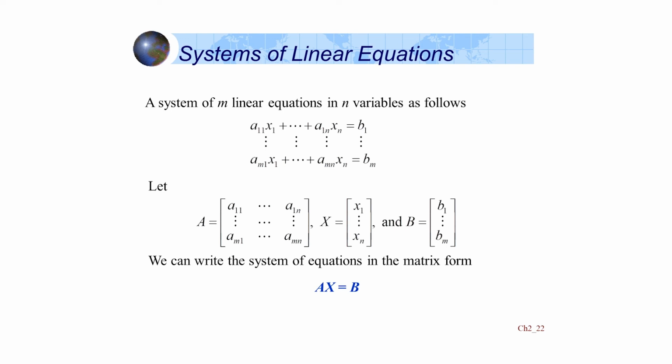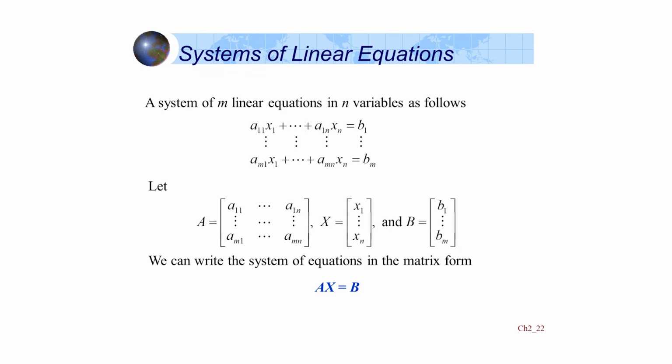Could we multiply A by X? Yes, we could, because the length of A is n and the height of X is also n. So the product AX is defined. And what is the result? Because the size of matrix A is m times n, and the size of matrix X is n times 1, the resulting matrix size is m times 1.